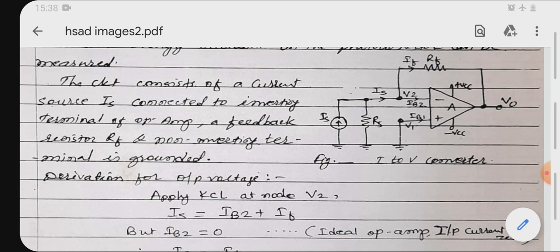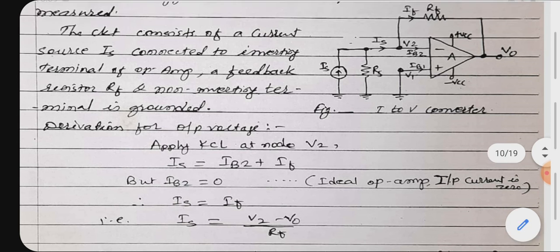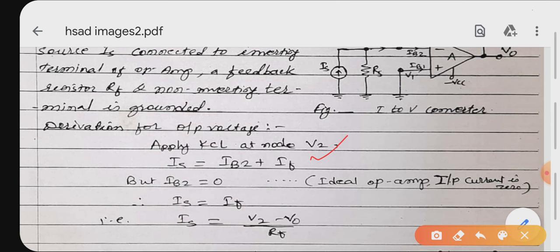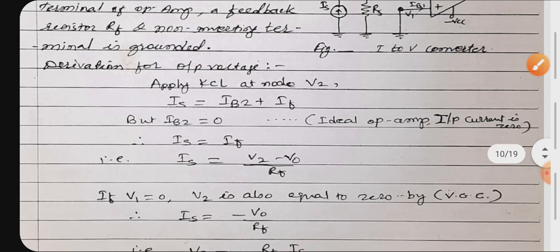In the analysis, the very first step is to apply KCL at node V2. Where is node V2? Node V2 is here. So the incoming current IS is equal to IB2 plus IF. IB2 is equal to 0 because of the infinite input impedance of the op-amp.